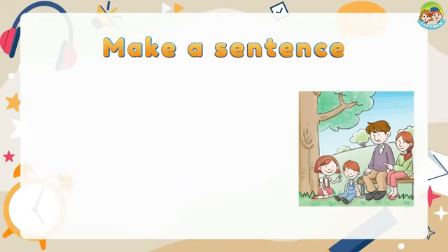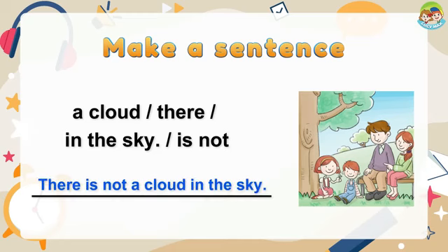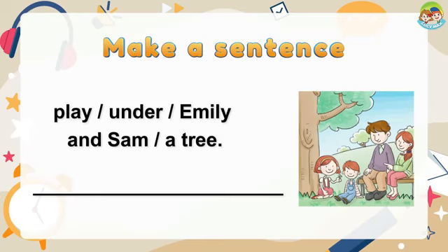Look at the next one. A cloud there in the sky is not. The sentence should be, there is not a cloud in the sky. And for the next one, play under Emily and Sam a tree.